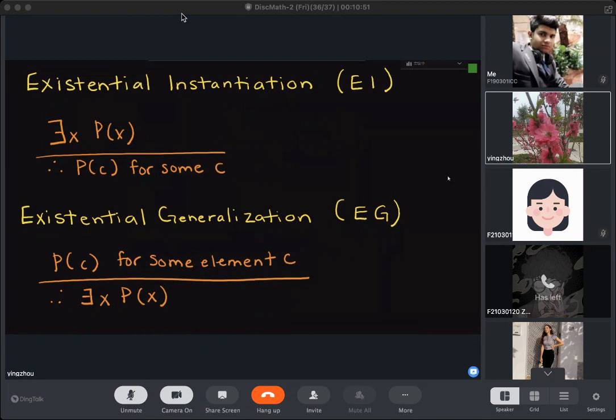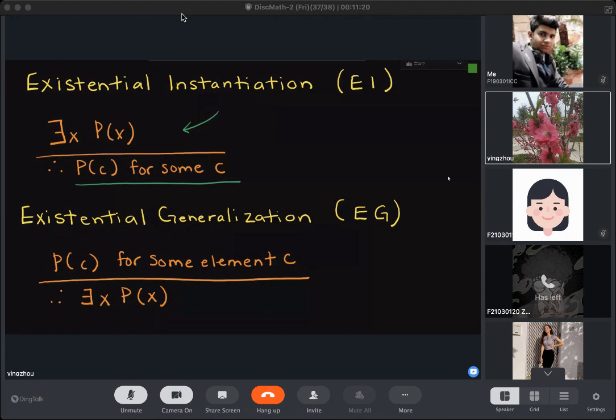Our next two rules should flow very easily from our last example, and that is existential instantiation and existential generalization. So again, the first one is saying there exists some x such that P(x). So we're saying there is some value that makes this true.